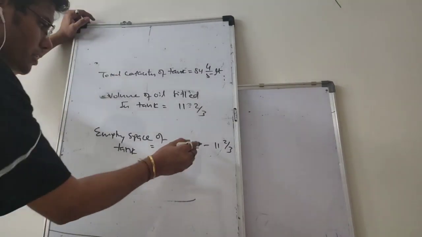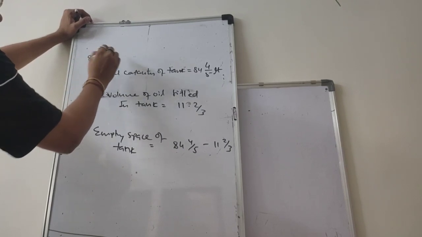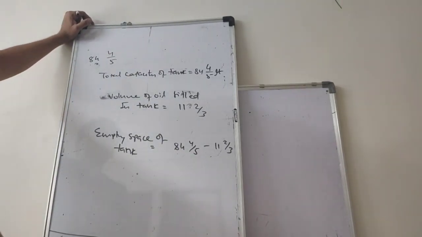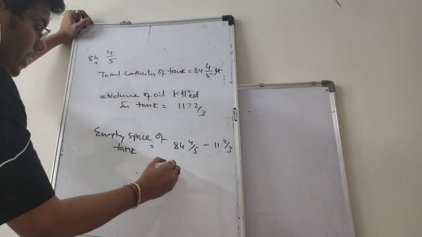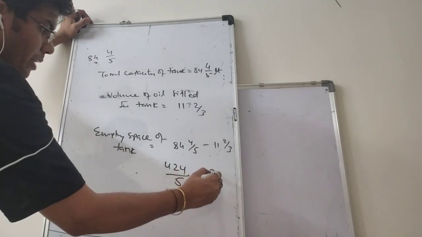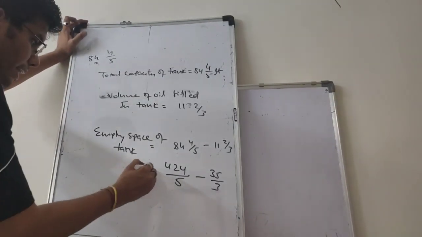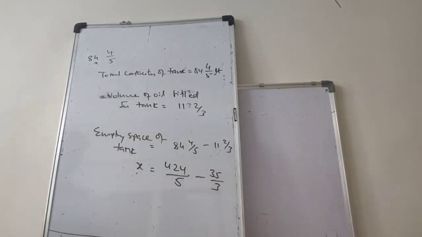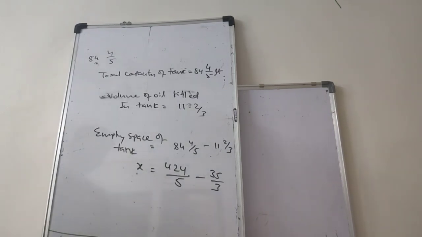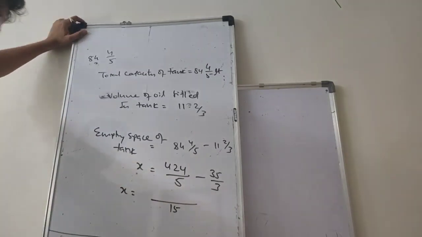So first we will convert this mixed form of number into the rational form. So 84 4 by 5 is how much? 424 by 5 minus 35 by 3. So that is x. Now we take the LCM of 5 and 3, that is equal to 15.